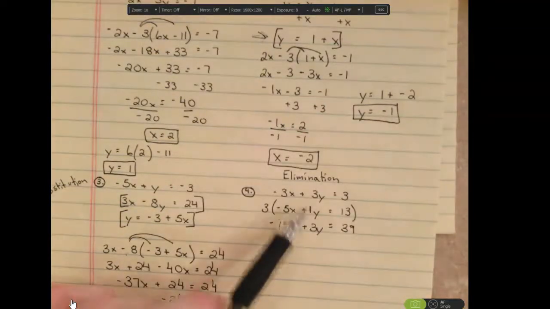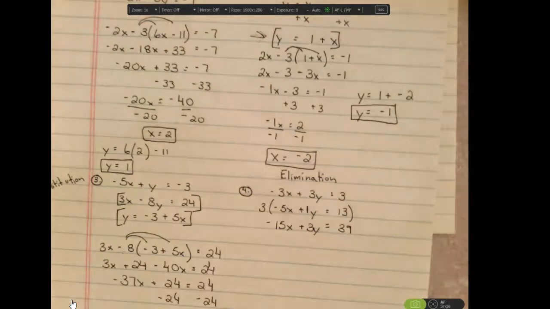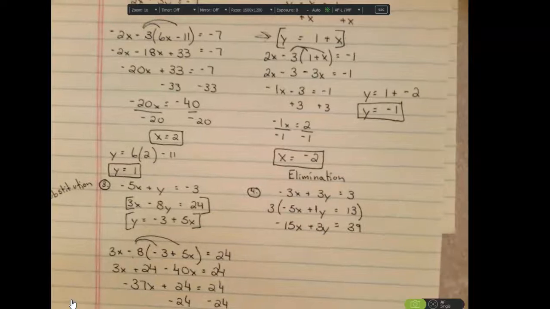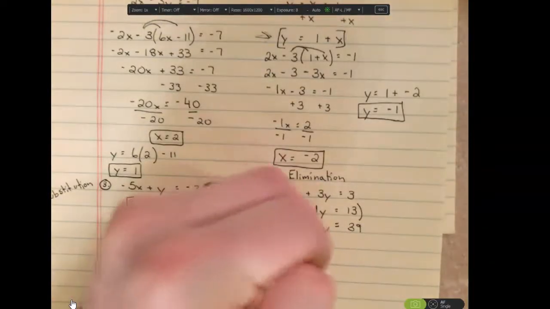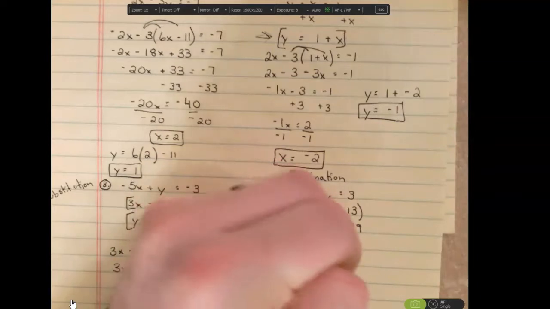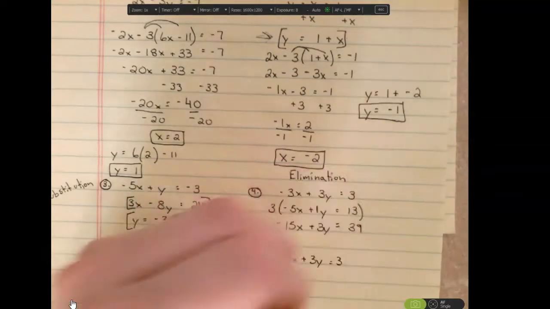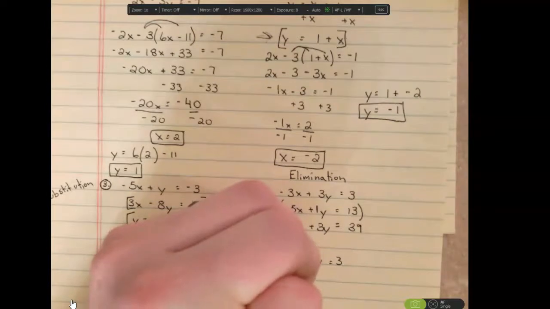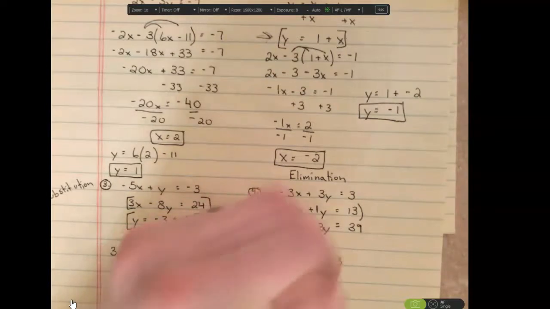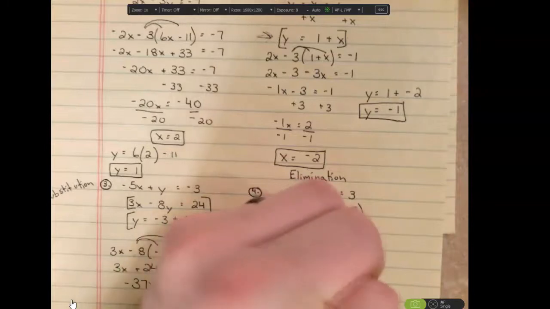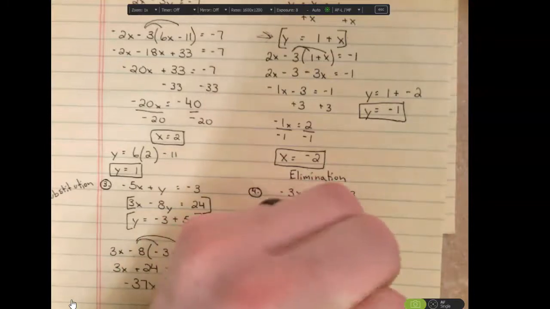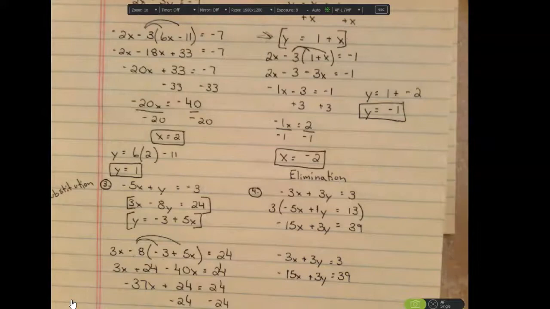So now, on my y's, that number is the same. I've got a 3 for both of them. So now I can use elimination. And again, I'm going to rewrite this to make this elimination look a little prettier and a little easier to see. And I'm going to use those 2 new equations, or the new equation and its match together.